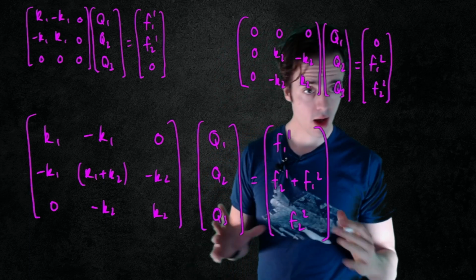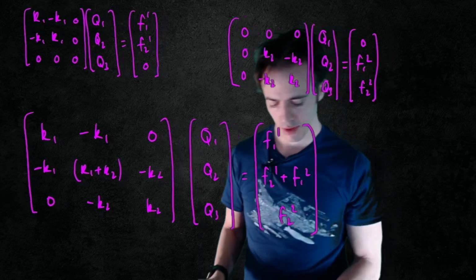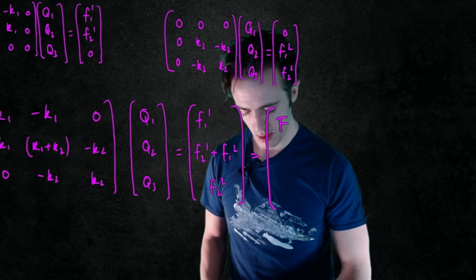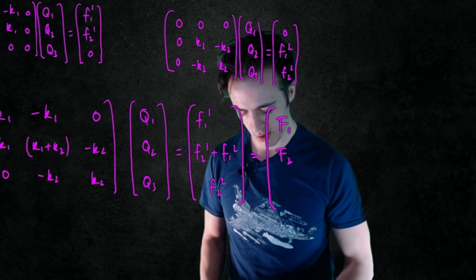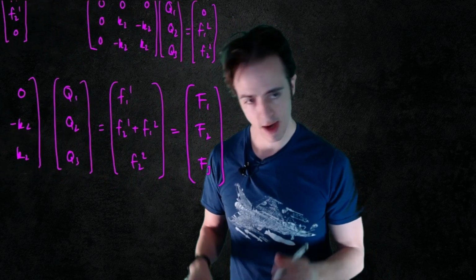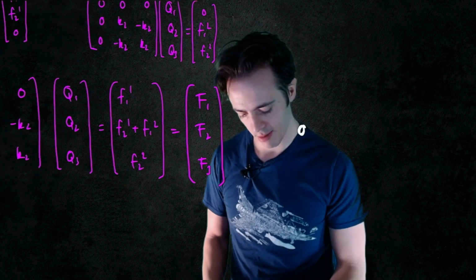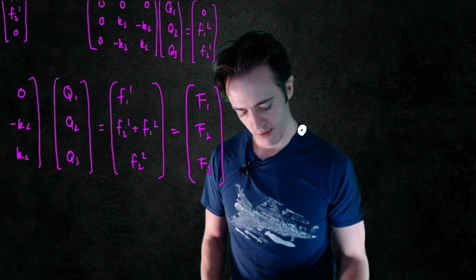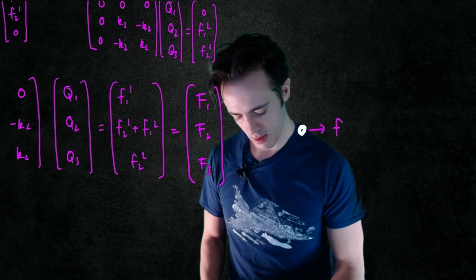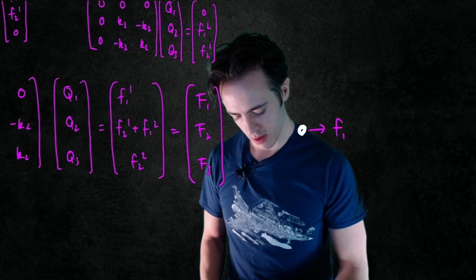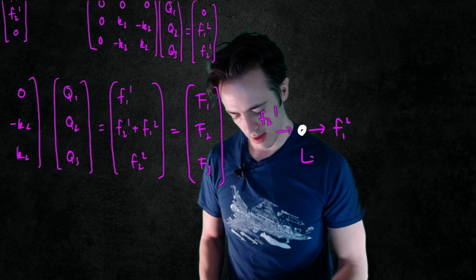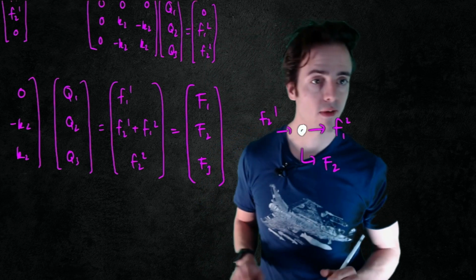And then we recognise that these are all the forces on the system, so if we add them together, these have to be equal to the global forces F1, F2, and F3. And if you're a little bit confused about this step, we could just recognise that if we were to draw a free body diagram of that central node, then the forces that we would see present are these local forces, F1,2 and F2,1, and these have to be equal to F2 in this case.